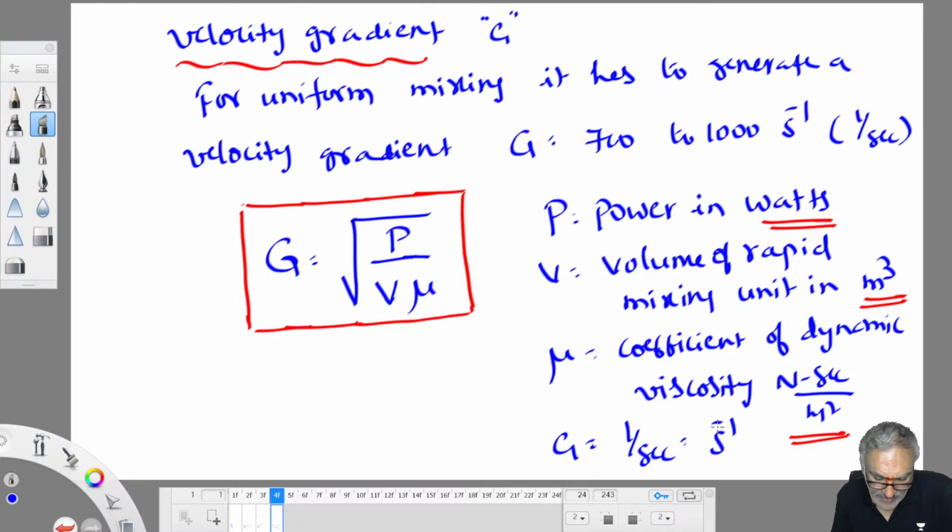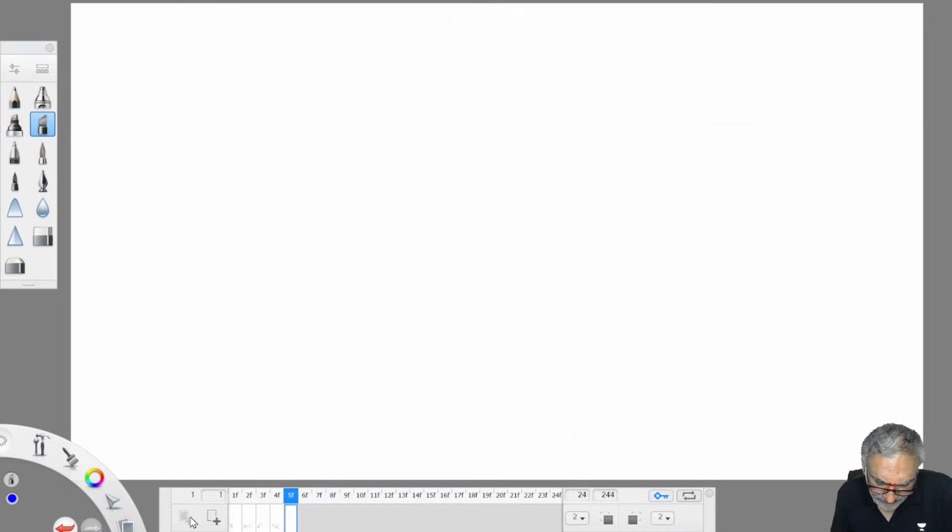What I mean to say is, when you rotate the shaft inside the water, there is a shaft and there is a blade.